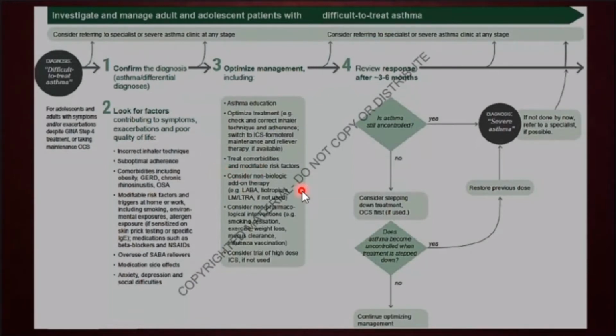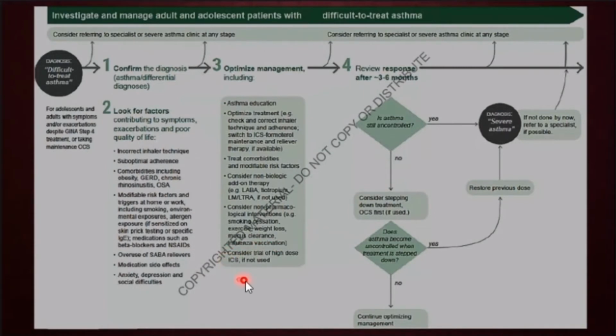You can then consider non-biologic therapy, such as adding tiotropium, which is a LAMA, adding a leukotriene receptor antagonist if it has not been used before. Then you can also consider non-pharmacological interventions, that is smoking cessation, exercise, weight loss, mucociliary clearance exercises.